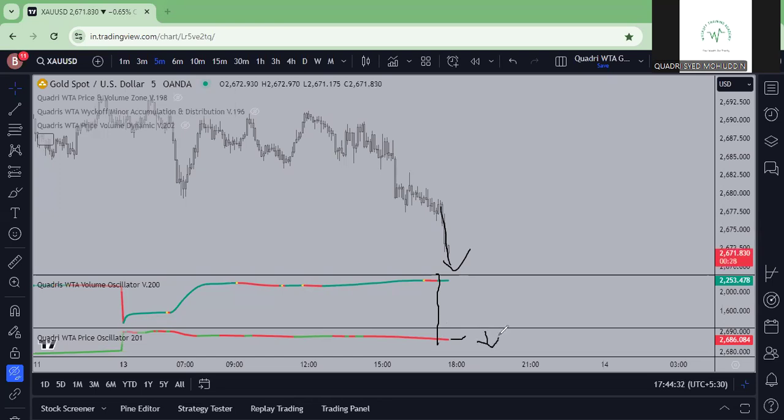That means price is going downwards, and volume is in favor of that particular direction. In this particular case it was downwards, so volume is actively participating in favor of that direction.